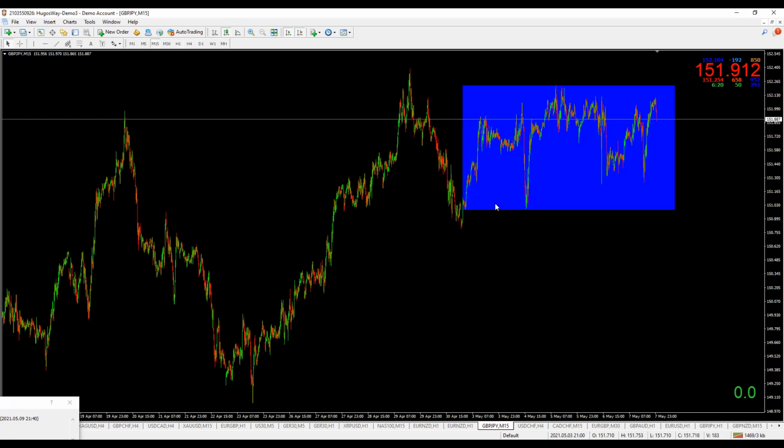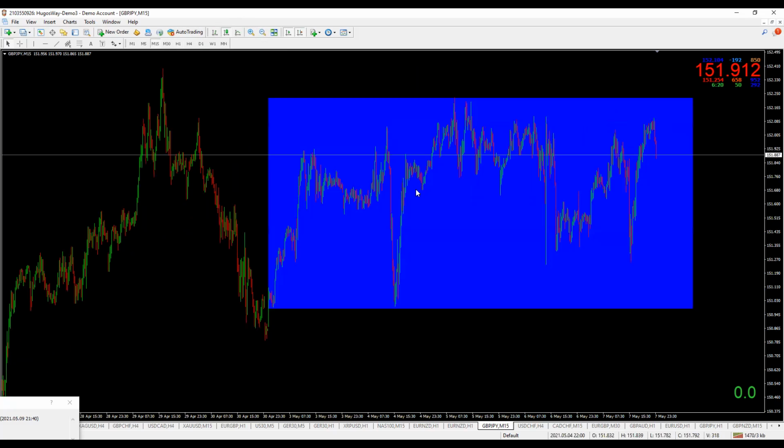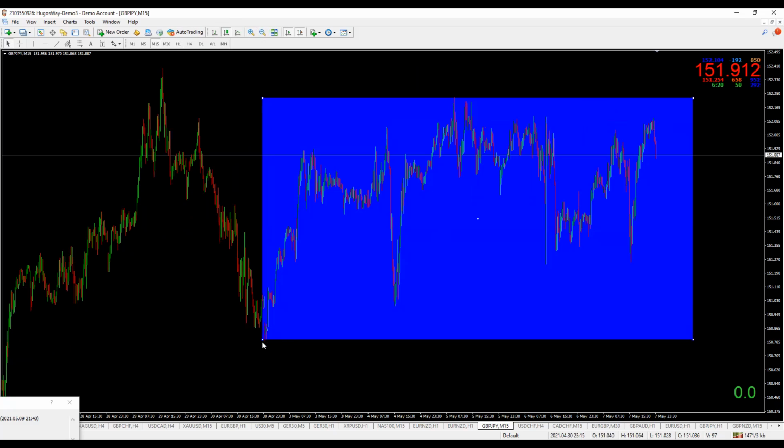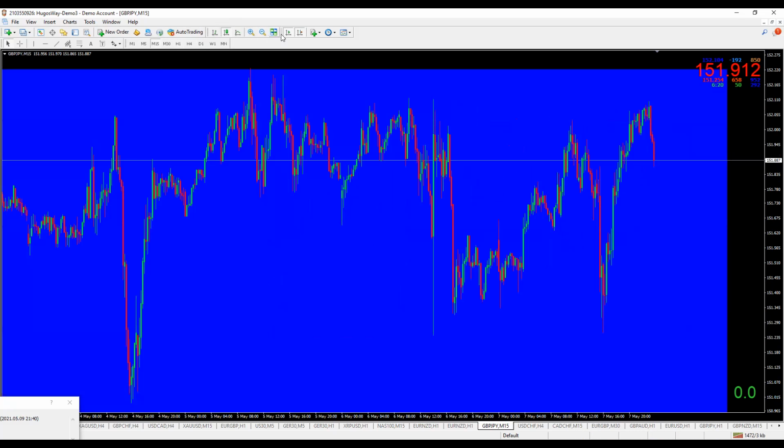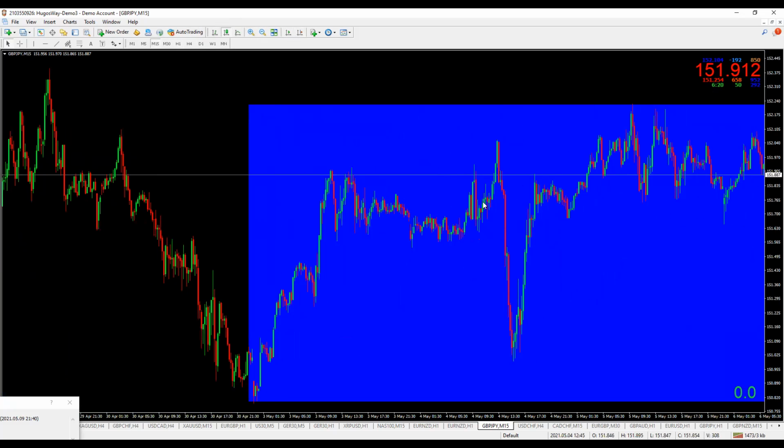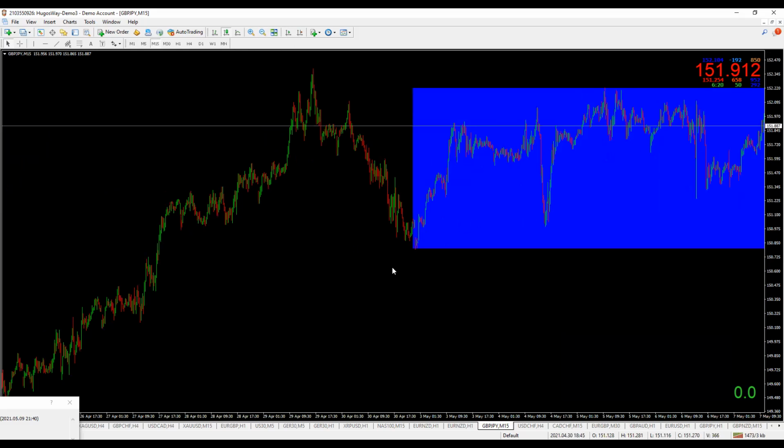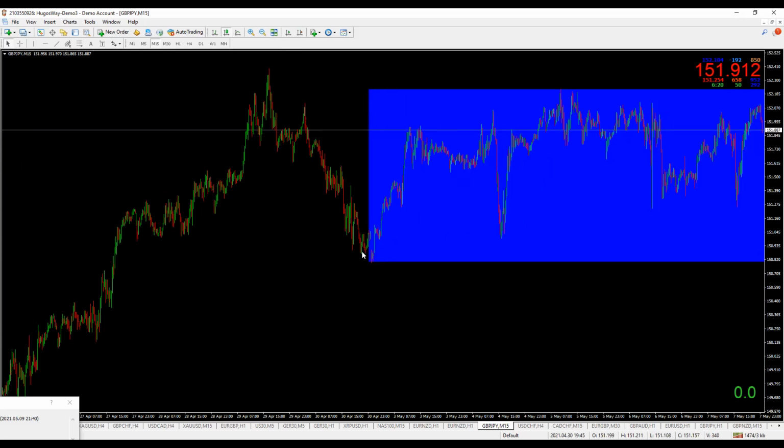Now, if we go back to the 15, someone might say, okay, well, I think I definitely can get some pips out of this. So where would you start? Let's say you started from here. Let's say by the time you saw this chart, the price was moving up like that, fine.